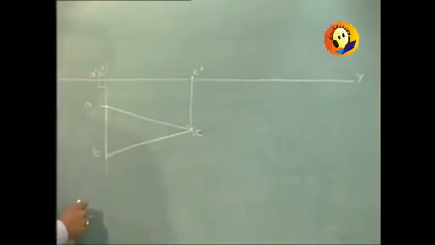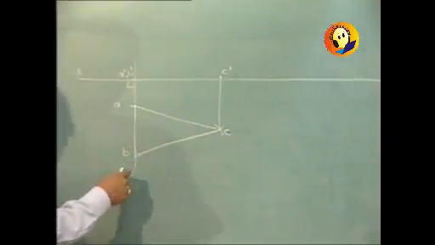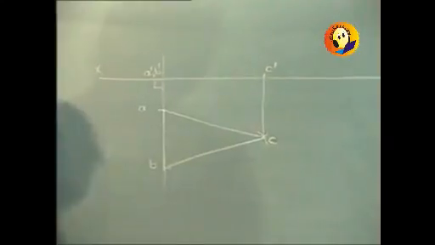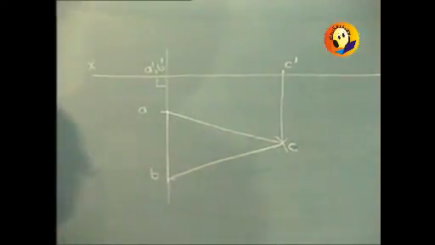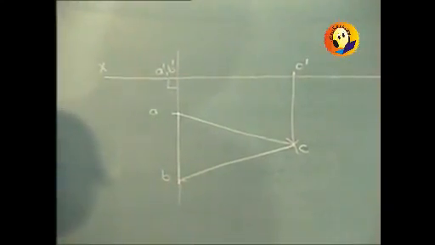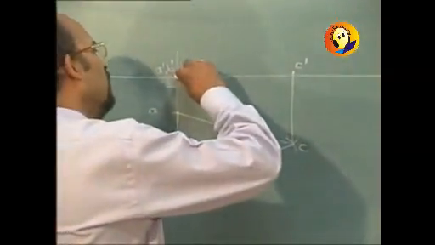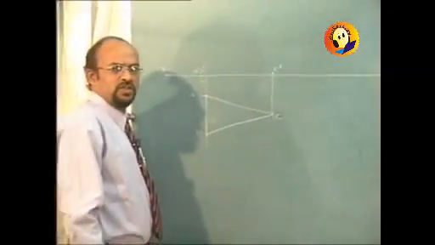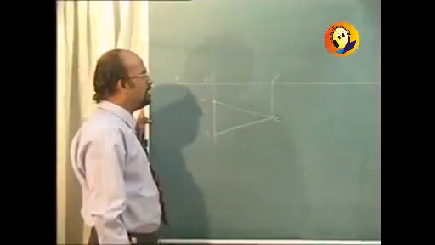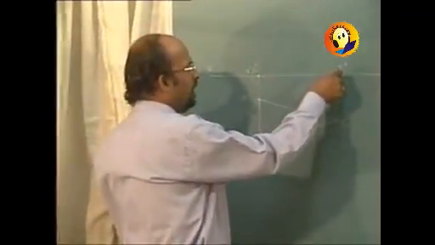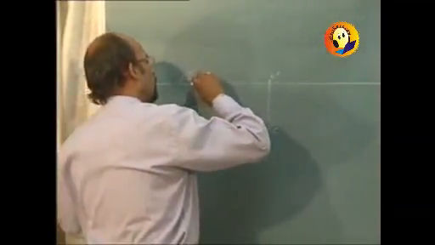Remember that the starting step will be to draw the true shape, that is, keep the lamina in one of the reference planes wherever either a point or a line is resting. Now the lamina makes 45 degrees with HP. Angle with HP should always be seen in the elevation, and the line of rotation will always be marked as a point, and in that case we can rotate the line which is actually representing the plane.